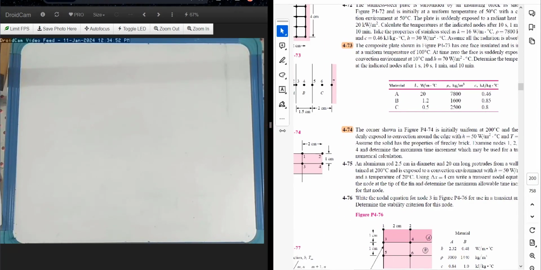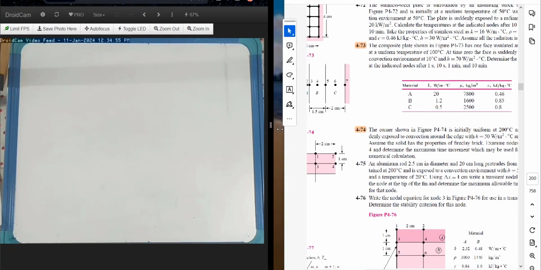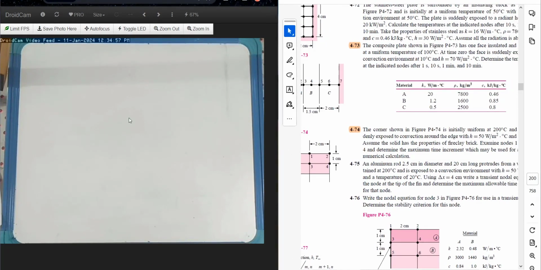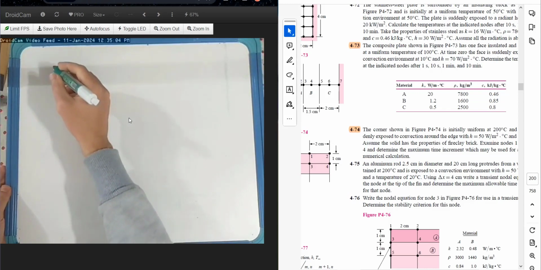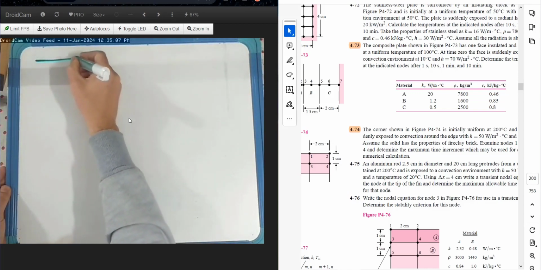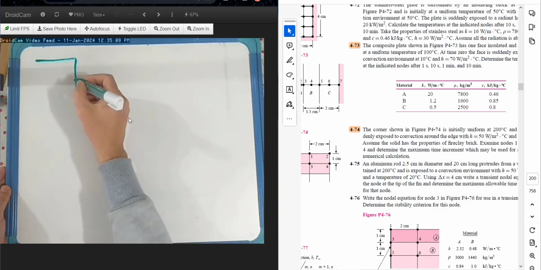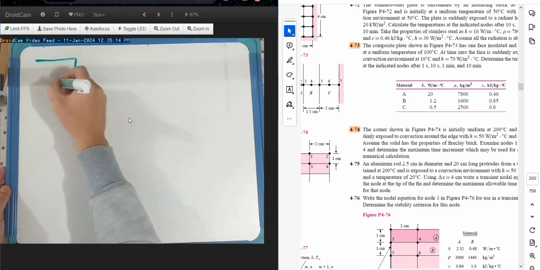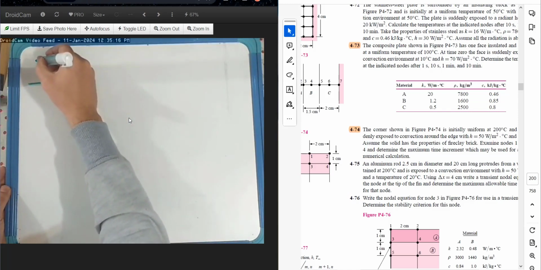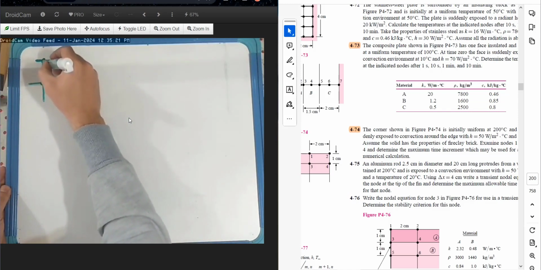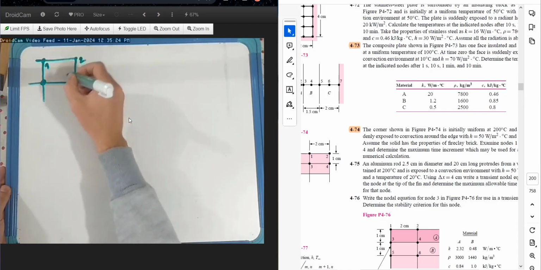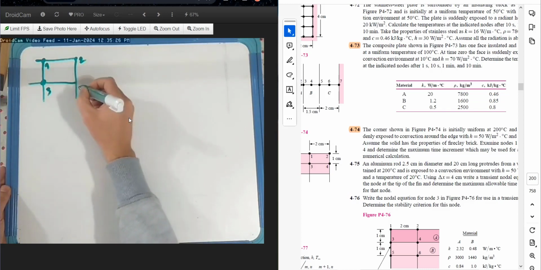I want to draw the picture of that. So this is point 1, point 2, point 3, point 4.